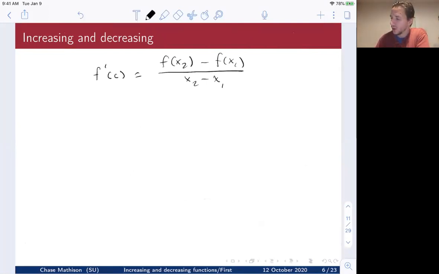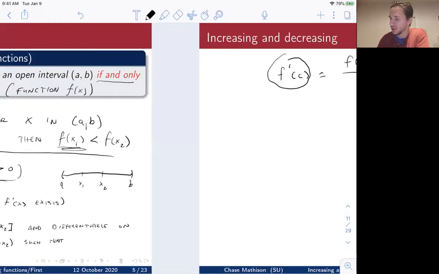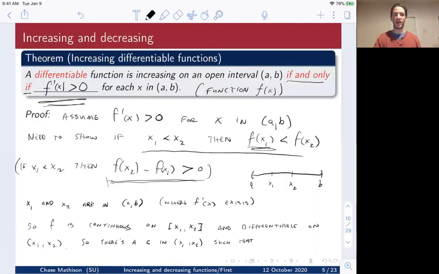But then what do we know about this? What about f prime on the whole interval a to b? Yes, exactly.